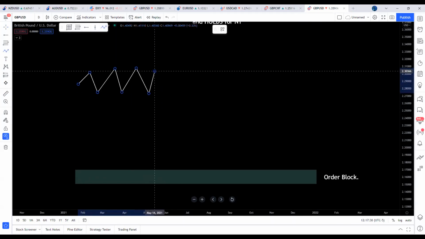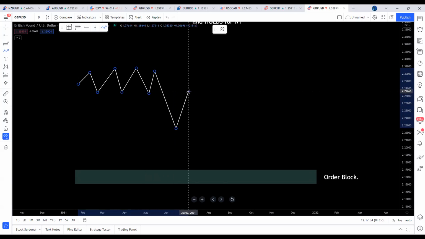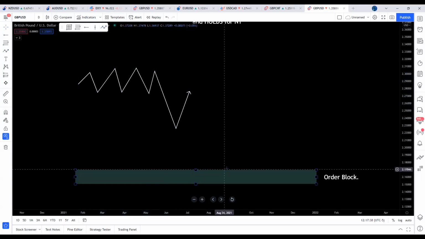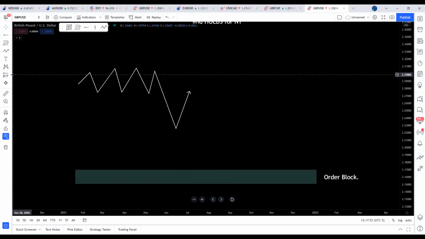Yes, sir. Okay, cool. Now there's a break of structure, and let's say we're using a breaker block. So we take this breaker block. You're just asking if this is valid to take if there's an order block coming near it. Correct? I think that's what you're asking.